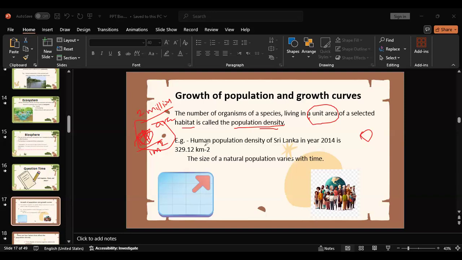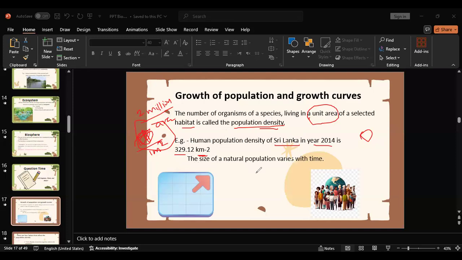Here, for example, the human population density of Sri Lanka in 2014, they mention the habitat, that particular area, and the year, is 329.12 per square kilometer. Here you may see the unit. This 22 million is divided by the area of Sri Lanka, so you will get the population density. I hope you have understood this, right?